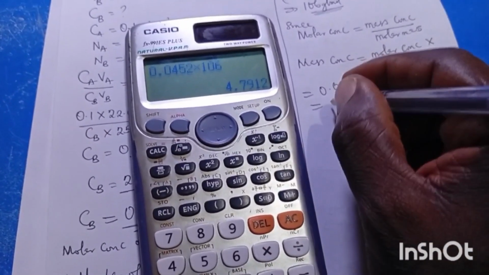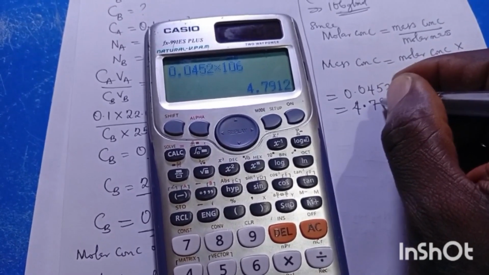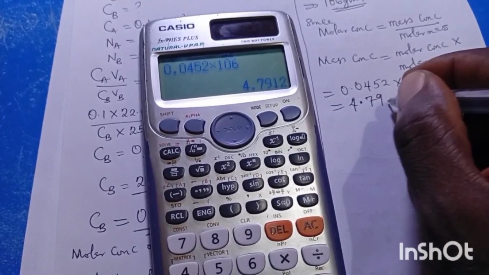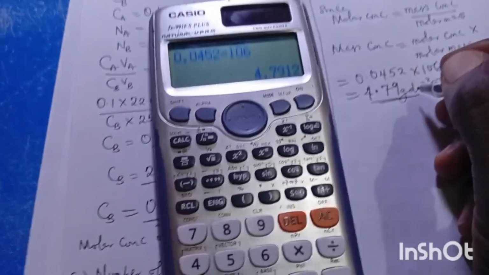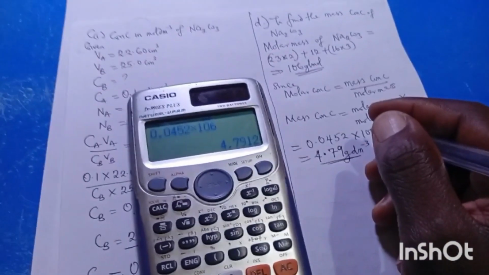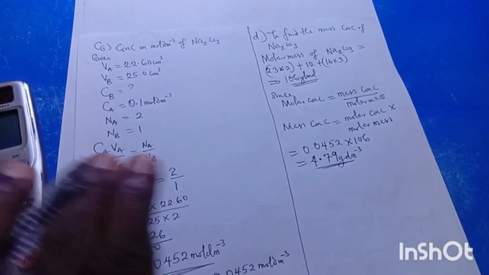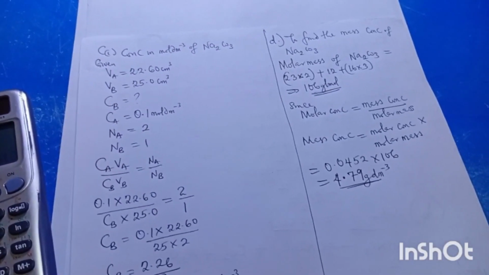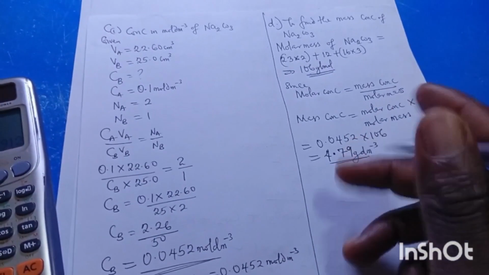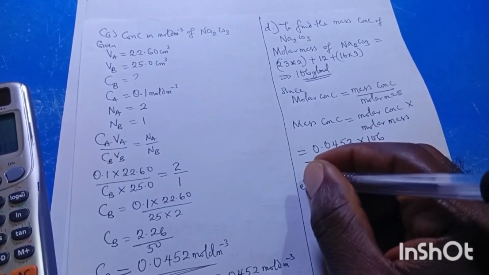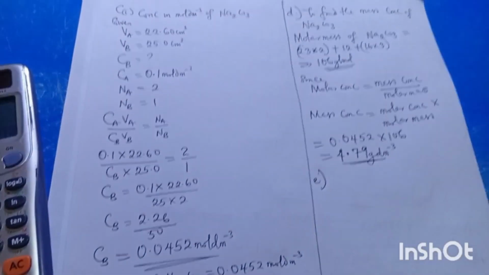So here I have my mass concentration as 4.79 gram per dm cubed. We also achieved this. Remember, we've read all the question in the beginning. We don't need to read the question again to avoid wasting time. So what we are doing right now is that we have settled this. Now we move to, I think that should be the E part, to find the purity.